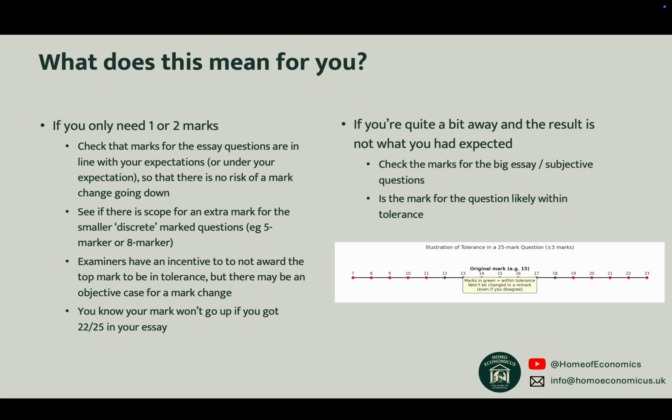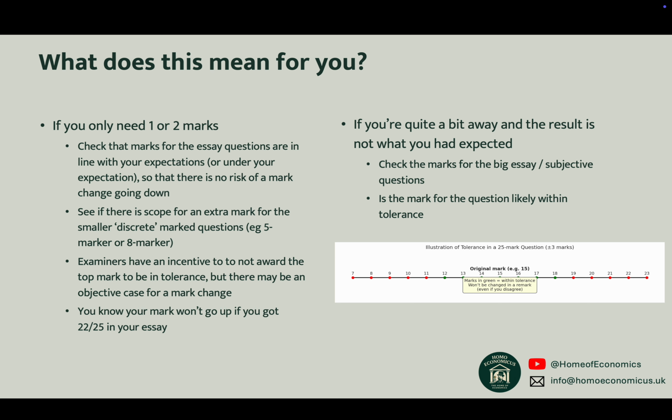But like I said, for essay questions, it's a lot more subjective, and there is a tolerance range, right? So you won't get that extra mark or 2 if you've gotten 22 out of 25 in your 25 marker, because actually I don't think I've seen 23, 24, or 25 being awarded in a 25 marker, because there is no incentive.